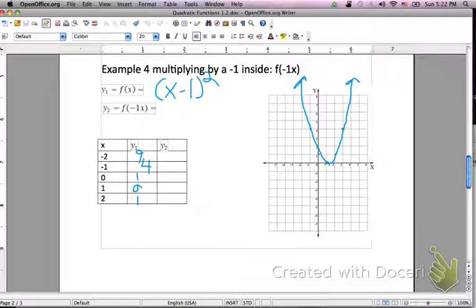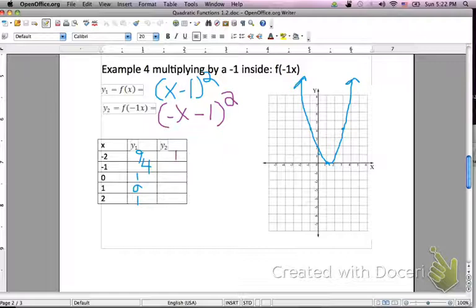And what would happen if I simply changed x to a negative x? Keeping the minus 1 there, but just changing it to a negative x. Well, negative 2 times a negative 1 is 2, minus 1 is 1, 1 squared is 1.